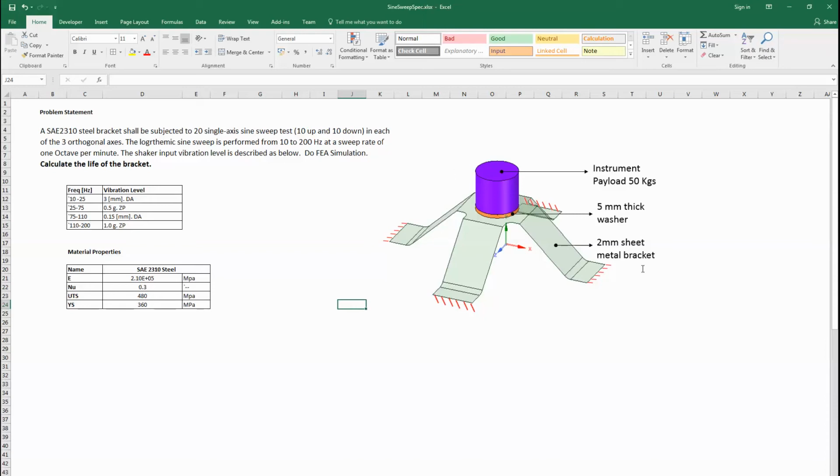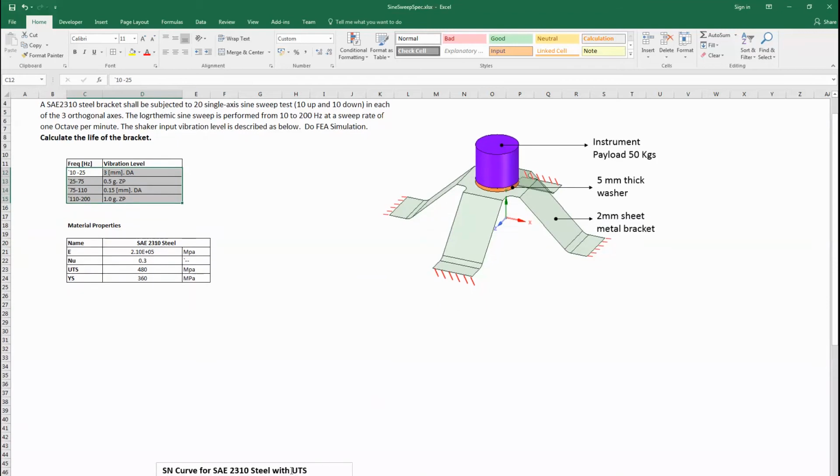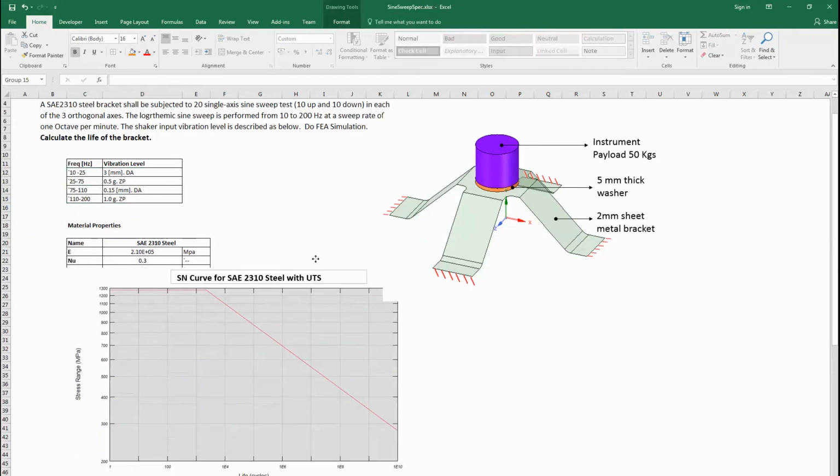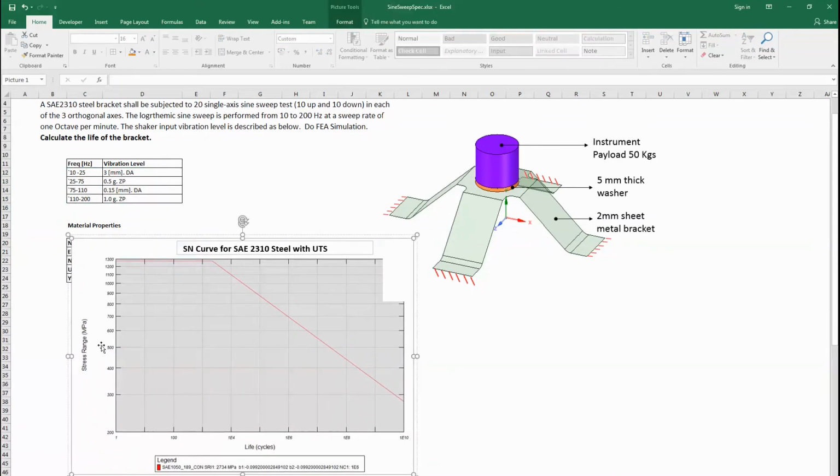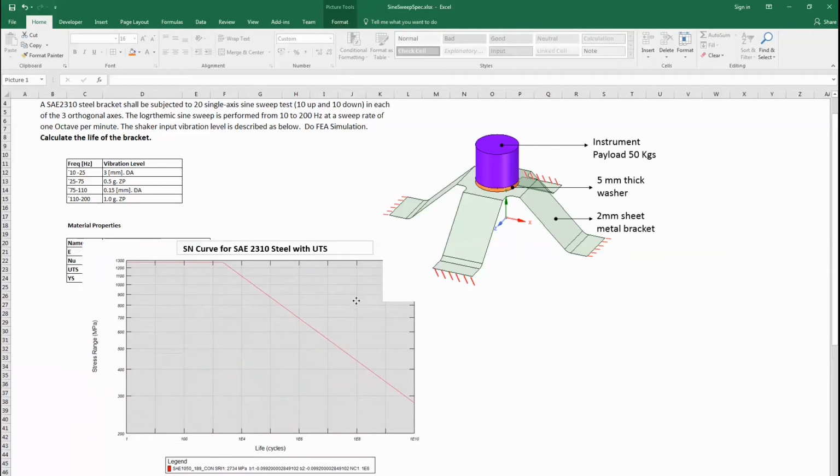To qualify this product, we need to subject it to this specific vibration test, and at the end of the test, we have to make sure the product is not going to fail, which can be assessed by doing a fatigue analysis. In order to do the fatigue analysis, we need the SN curve of the material as well. For this particular material, we have an SN curve also given with us.